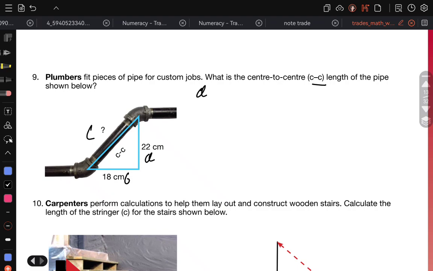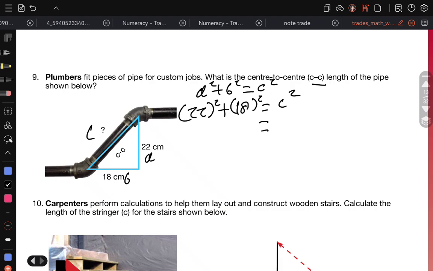First, right away write the formula so you don't forget that. Now let's just fill in: 222 squared plus... 80 squared, which is C squared.